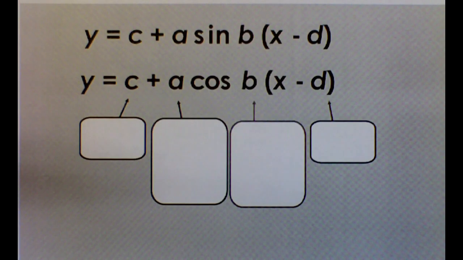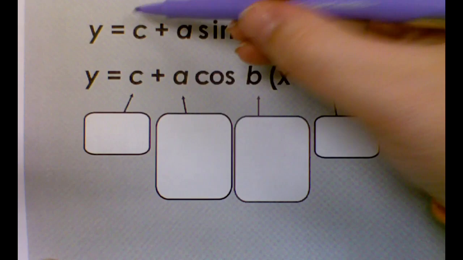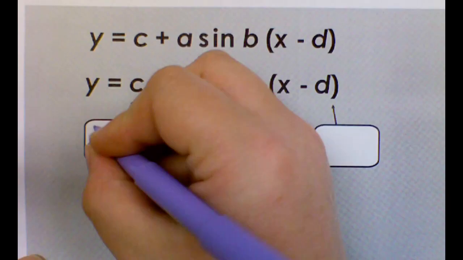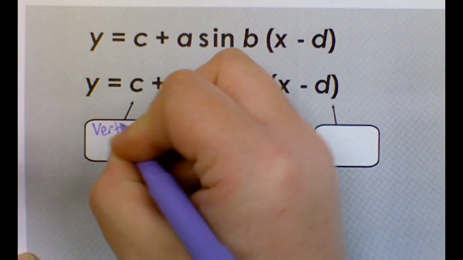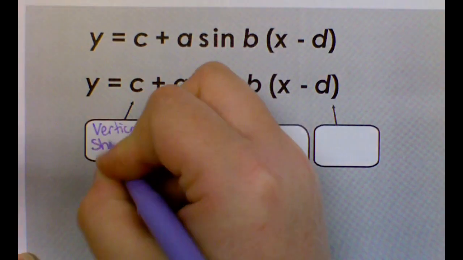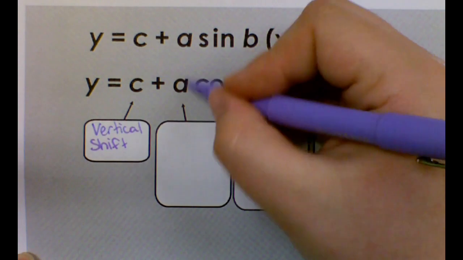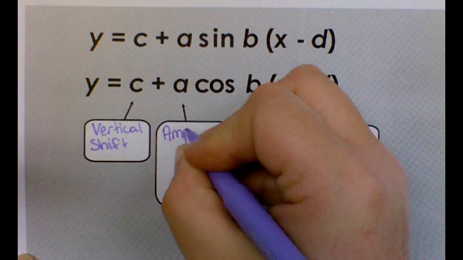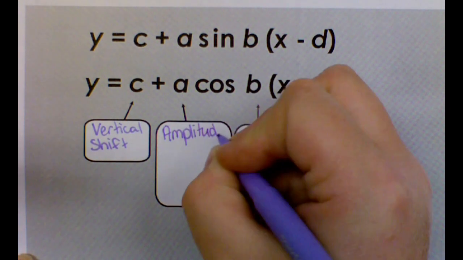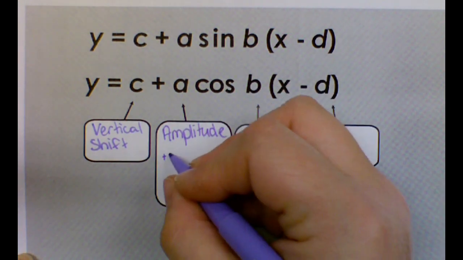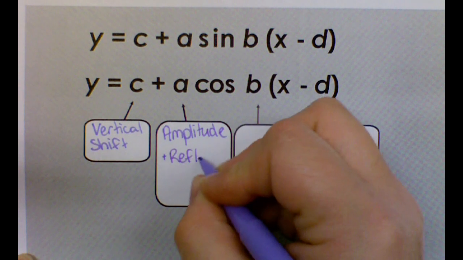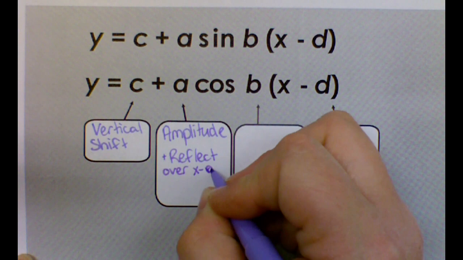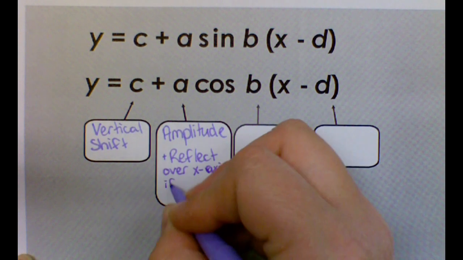So a little summary here. C value. We might use different letters for these, all right? The number that's added or subtracted in the front or the back, that is your vertical shift. A in the front, multiplied by it, that is your amplitude. And it's a reflection over the x-axis if it's negative.